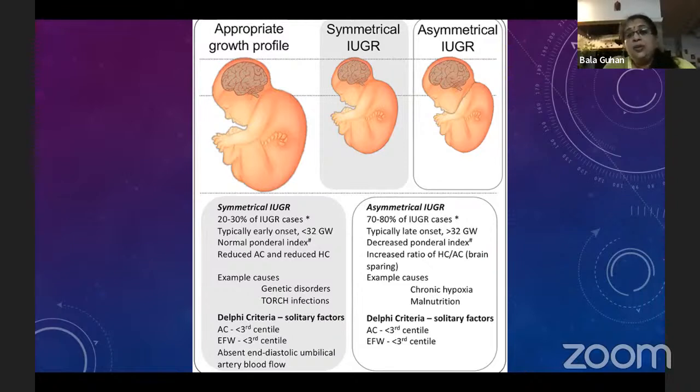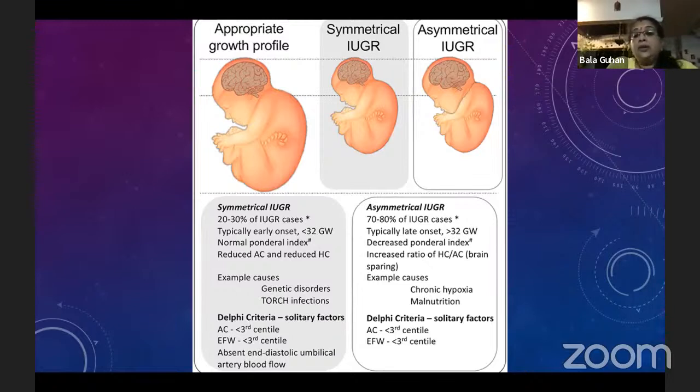Whereas in the last one, we can see the asymmetric IUGR, which accounts for about 70 to 80%, occurring later than 32 weeks of gestation, with decreased ponderal index and increased ratio of the head circumference to AC, that's with a brain sparing effect.